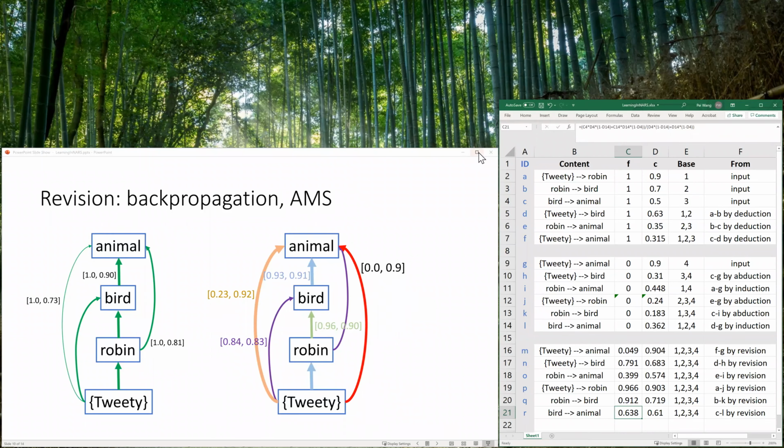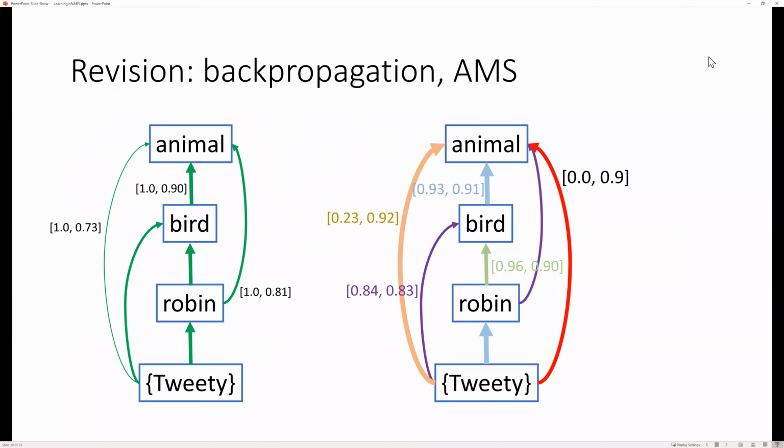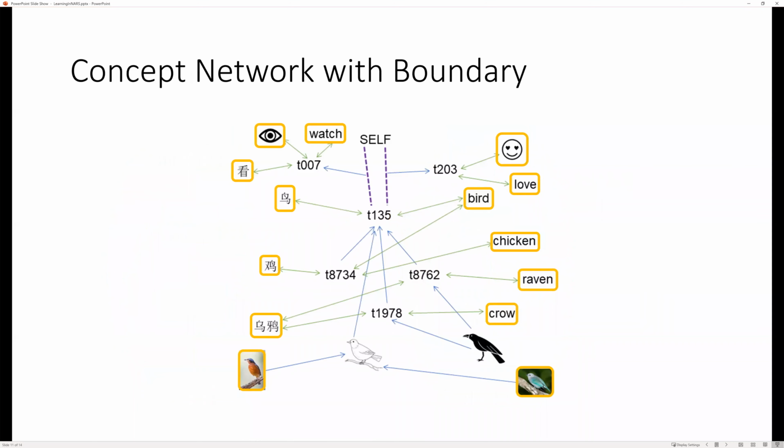Now let's move to the larger picture. I think there are also a couple of points which I can make using this example. This is a diagram I showed before in our previous meetings, with some modification. You'll see that in NARS, everything is represented by a term, and a term is just the name of a concept. So the whole memory of the system can be seen as a concept network.